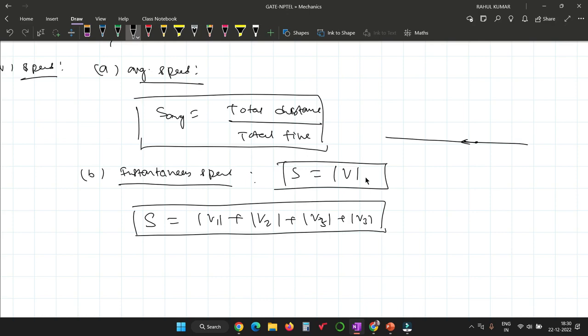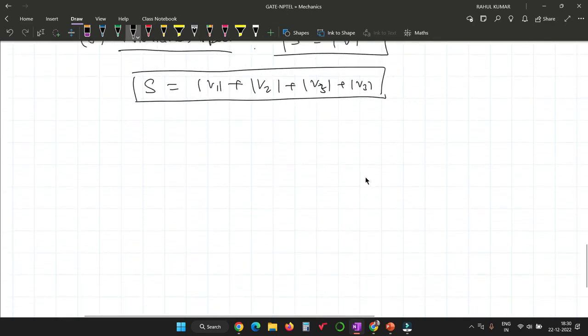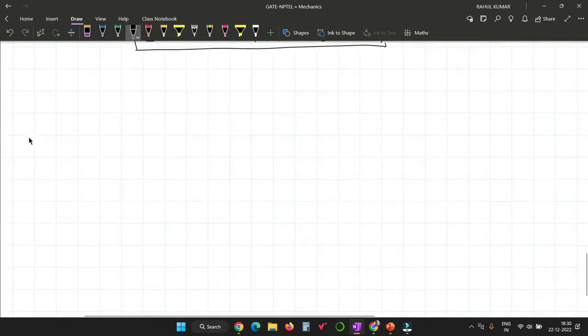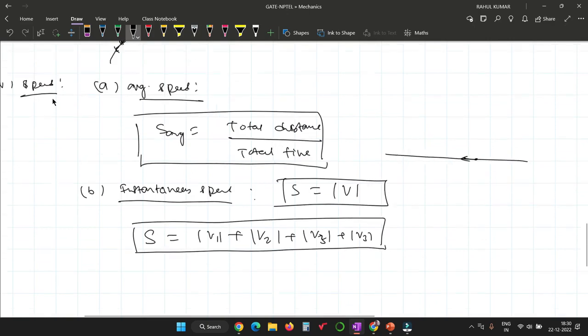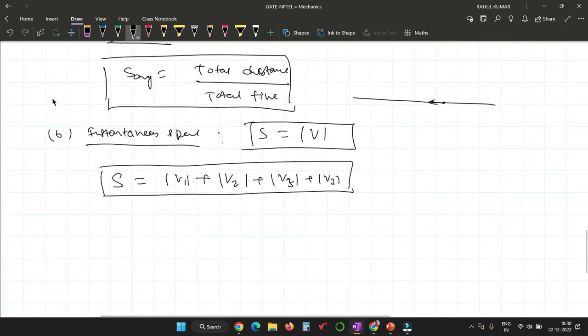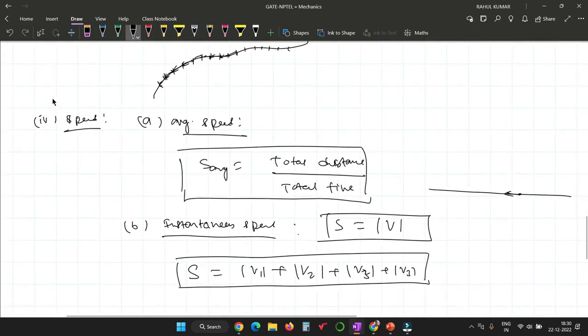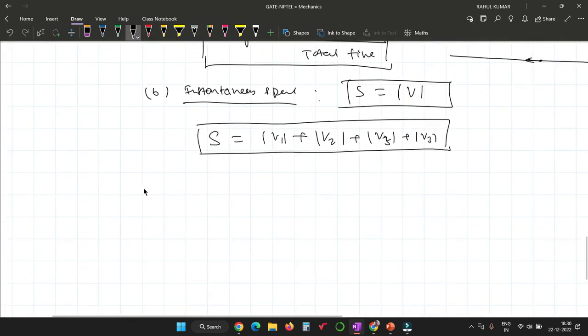Yeah, so now let's move to the average acceleration. Average acceleration is also like this. It is nothing different.